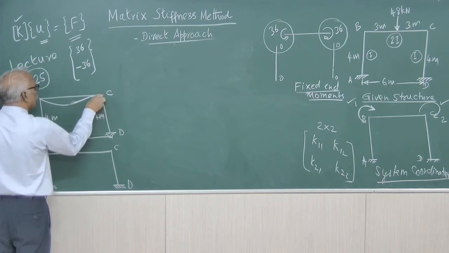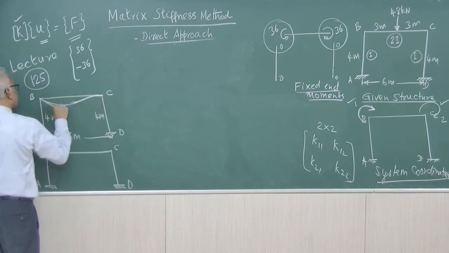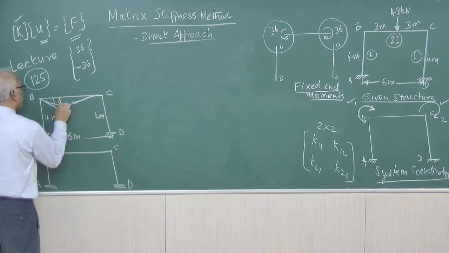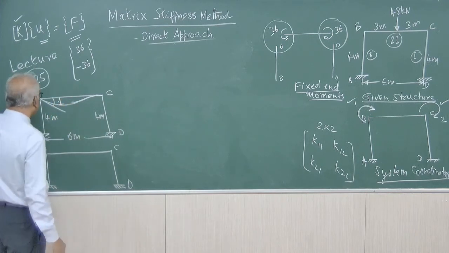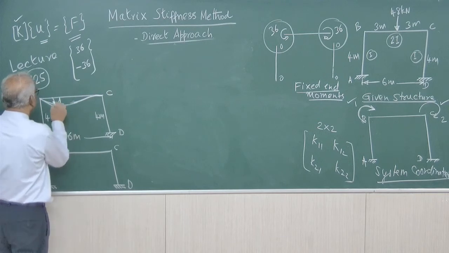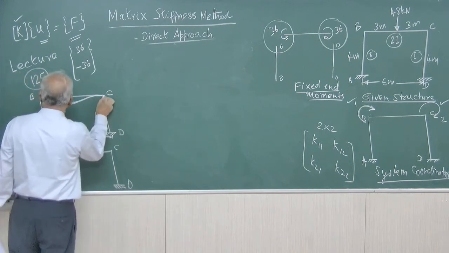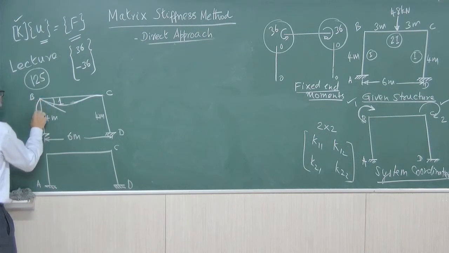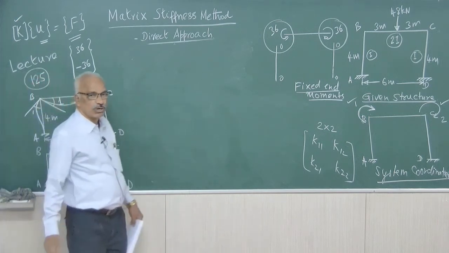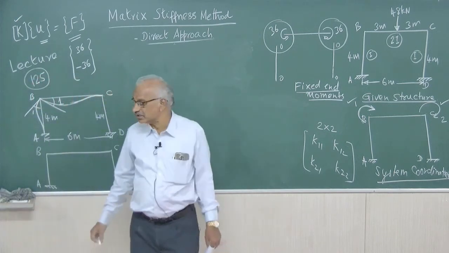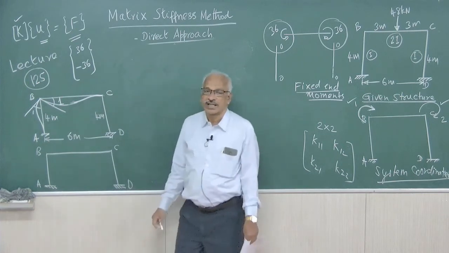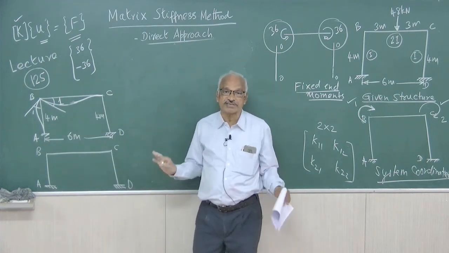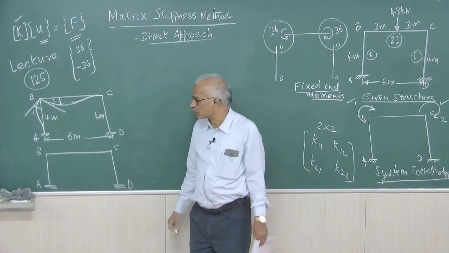So here it will be 0, and here this value equal to unity. Then this being a rigid joint, when the beam undergoes a clockwise rotation, the column will also undergo the same rotation at the joint. So here also it is 1. That is rigid joint. Even after the deformation, the 90 degrees angle between the members will be maintained. So they will undergo the same rotation.